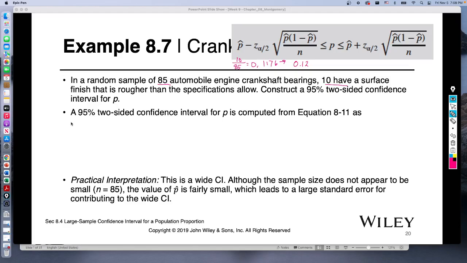So p hat is 0.12 minus 1.96, and again that's z of 0.025, so that's two-sided. We looked that up. We've done this before. We have 1.96. That's what we've been using, right?